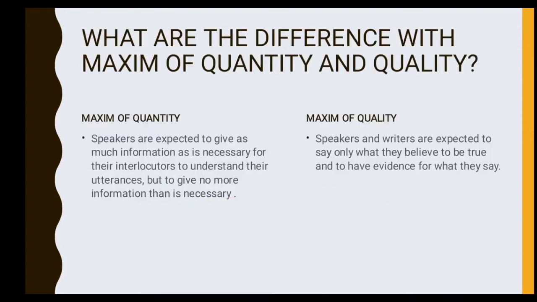What is the difference between the maxim of quantity and quality? The maxim of quantity is that speakers are expected to give as much information as is necessary for their interlocutors to understand their utterances, but to give no more information than is necessary. While the maxim of quality, speakers and writers are expected to say only what they believe to be true and to have evidence for what they say.